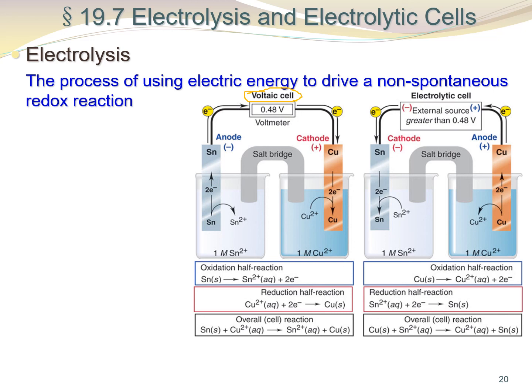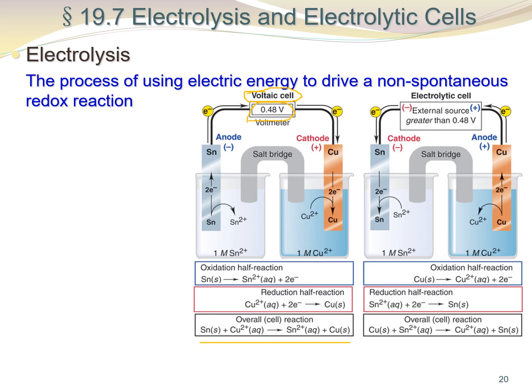As you can see, the cell generates 0.48 as its voltage, and oxidation occurs on the anode. So zinc gives up electrons going to the copper, so that the copper consumes the electrons. So that is the overall reaction.